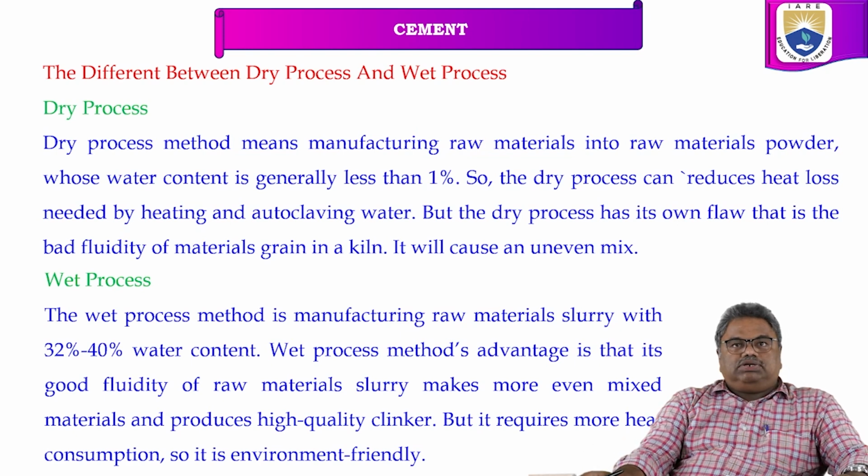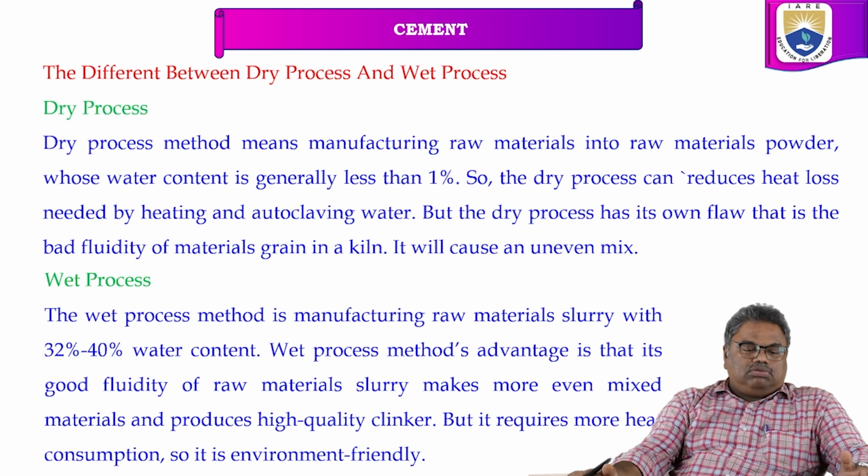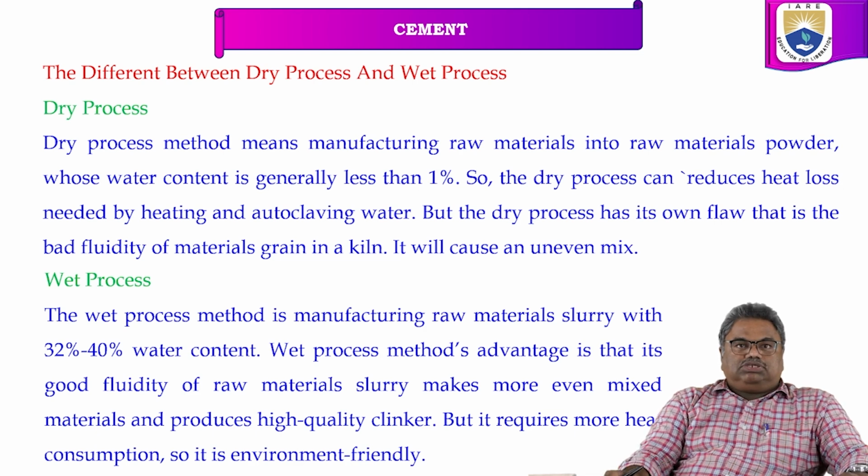So what is the difference between the dry process and the wet process? Why do we have two different processes? The dry process means manufacturing raw materials into raw material powder whose water content is generally less than 1%.